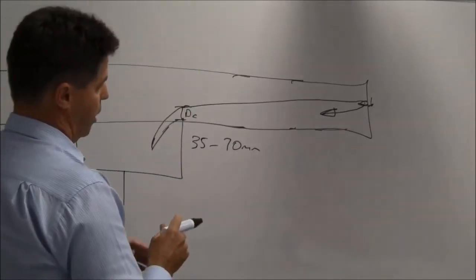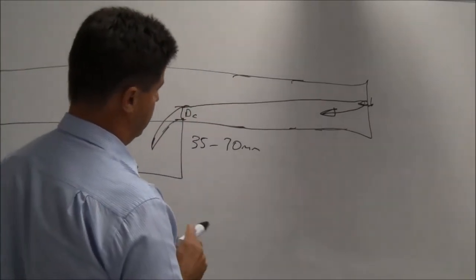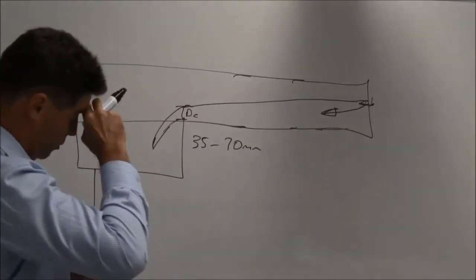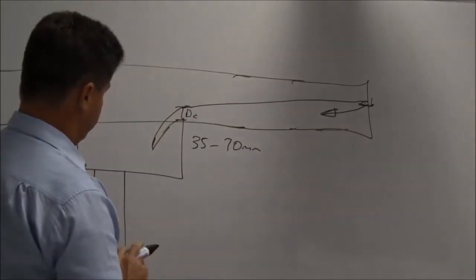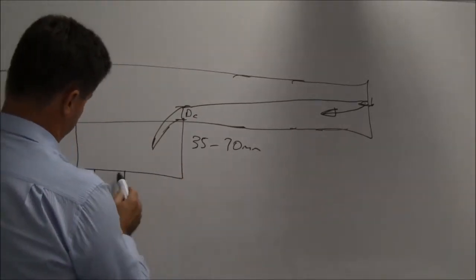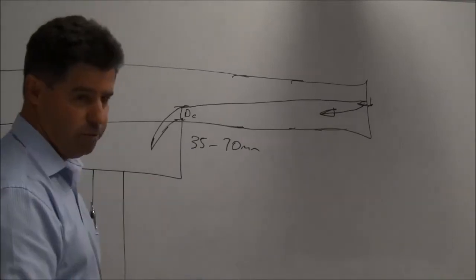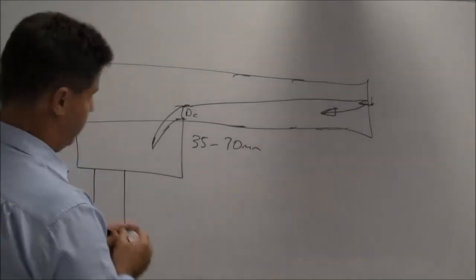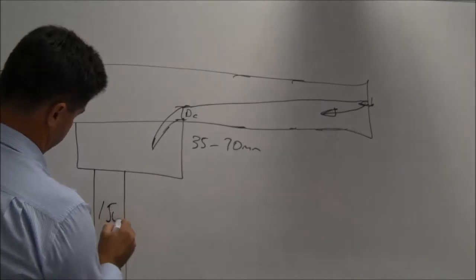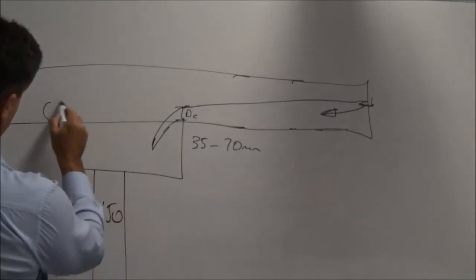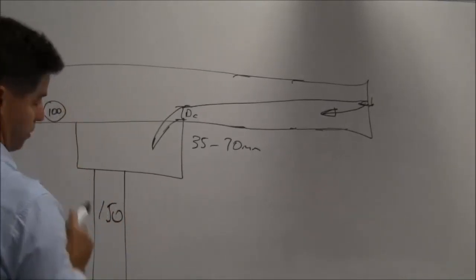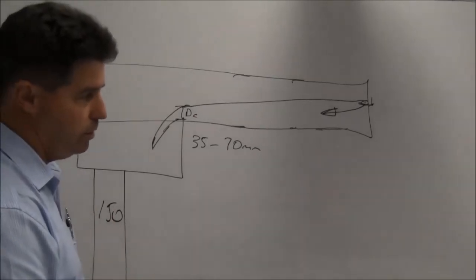So then the overflow itself. The thing with the overflows, and I've seen this on buildings before, you'll have a 150 downpipe coming down through the bottom here, and then I've seen an overflow of 100 mil out through the side of the building.